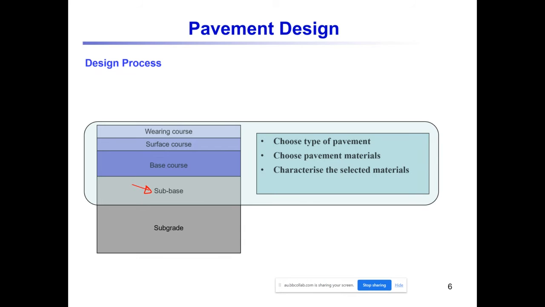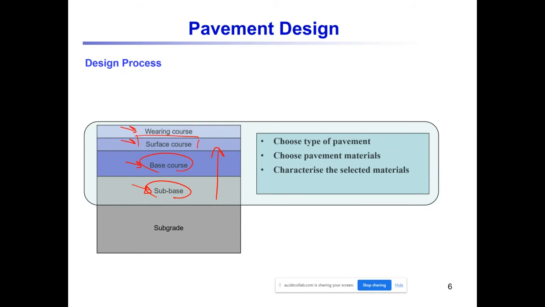You can have, for example, one subbase, or you can even have 2 subbase layers with 2 different types of materials. Then base course, surface course, and wearing course. And for each of them, you need to decide which type of material you want to use, right? Generally, the quality of the material increasing from the bottom to the top layer. So low quality material for subbase, higher quality material for base layer, then the best quality material for surface.